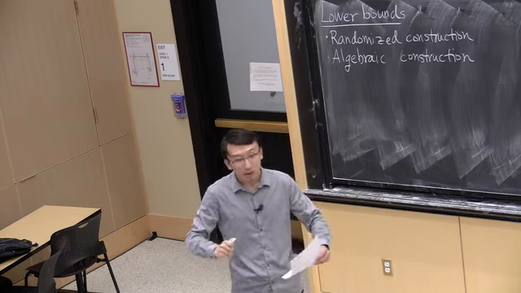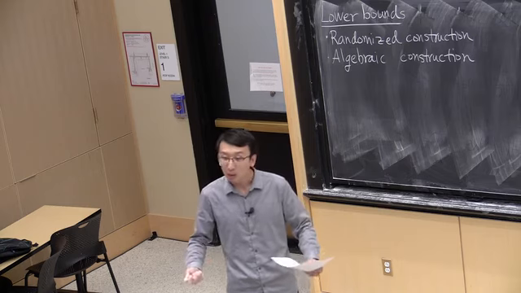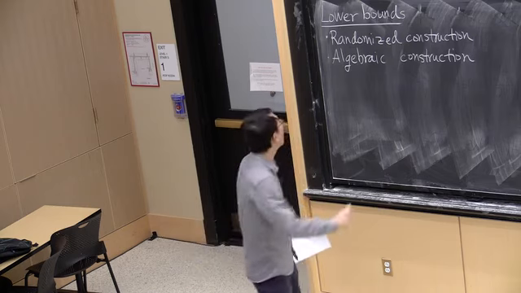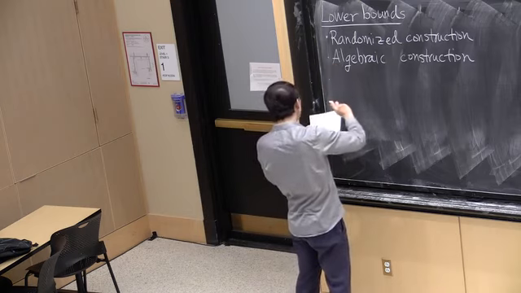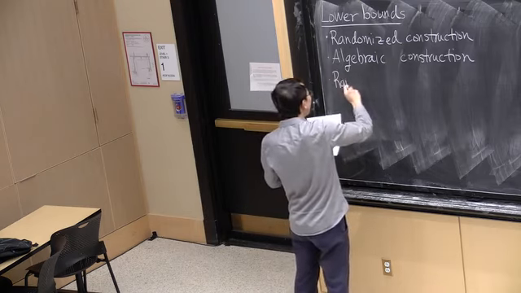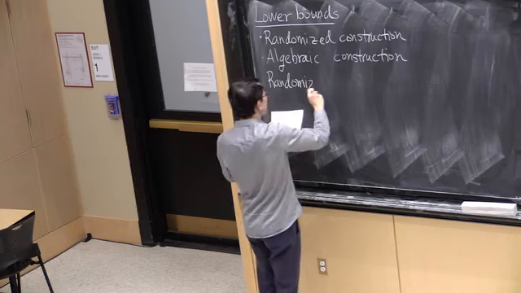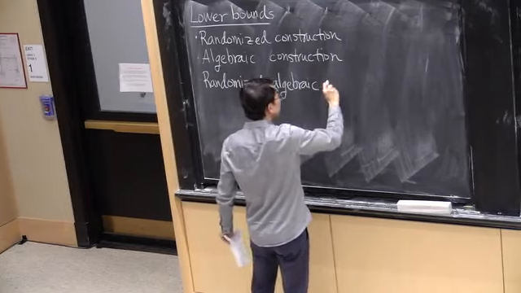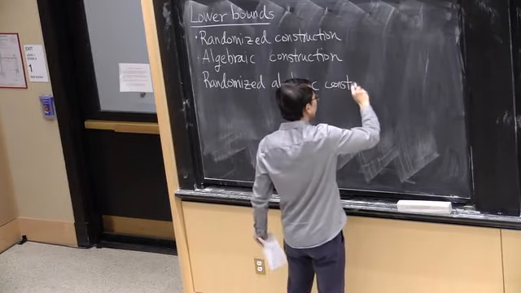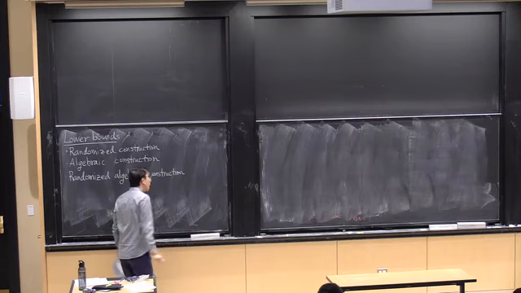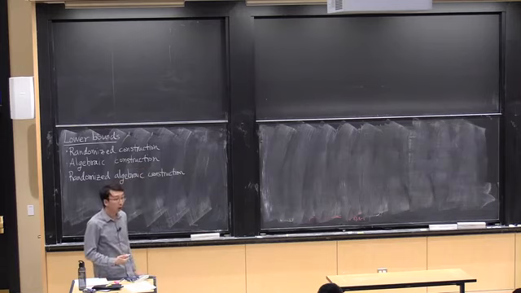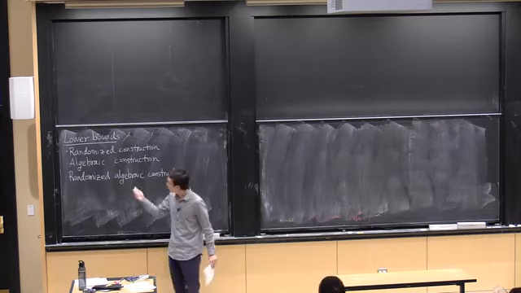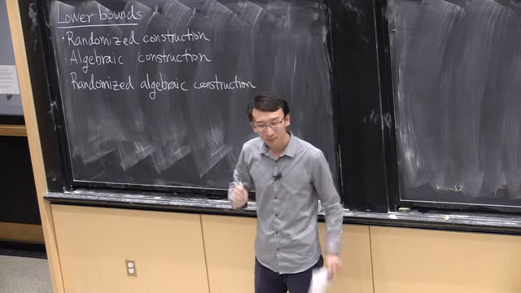It turns out this was an important recent development that was found just several years ago, where one can combine ideas from the two and obtain a randomized algebraic construction. And that leads to a new source of constructions for large H-free graphs with many edges. Okay, so the plan is to show you how these constructions work.